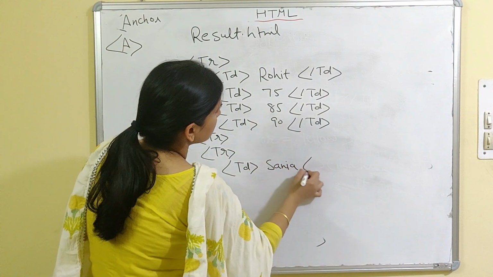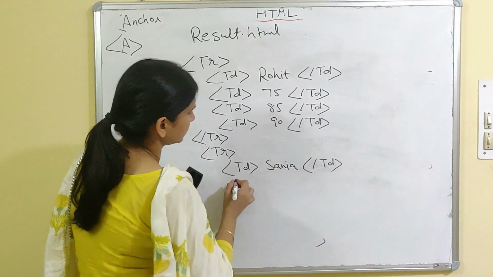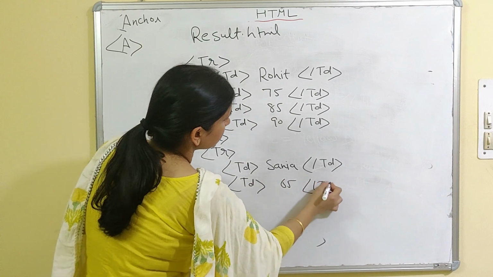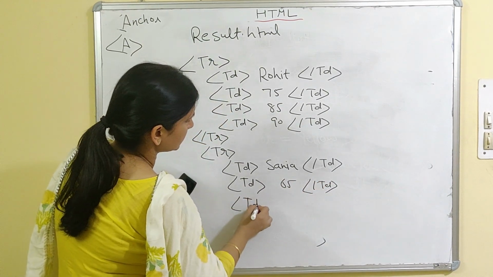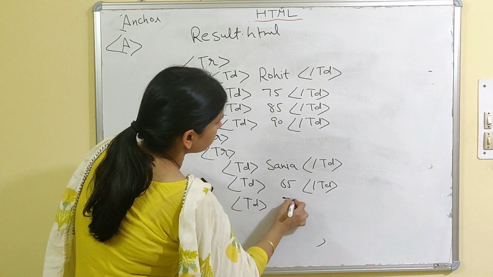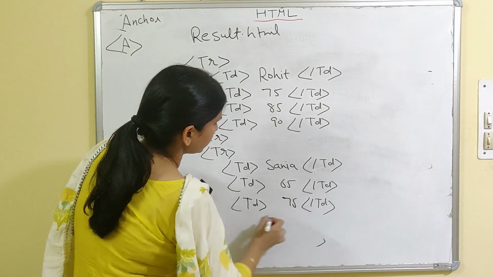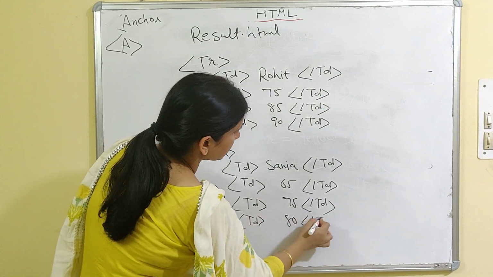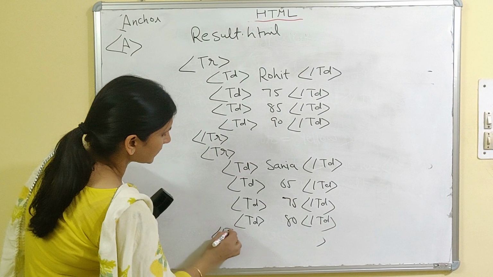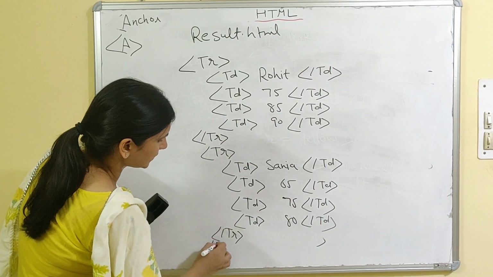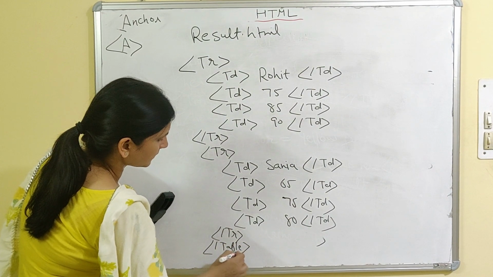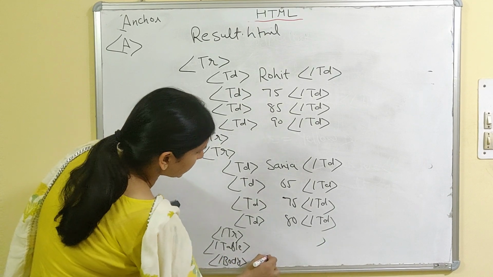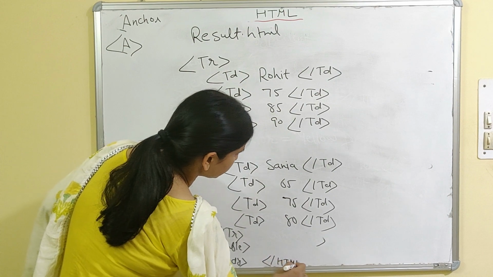Sanya, TD close, let it be 65, TD close, TD 75, TD close, again TD 80, TD close, TR close and table close, then body close and HTML close.